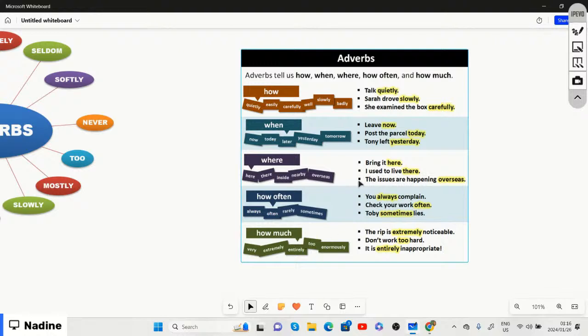The adverbs that tell us how are words like quietly, easily, carefully.